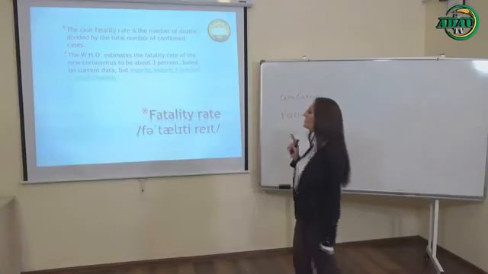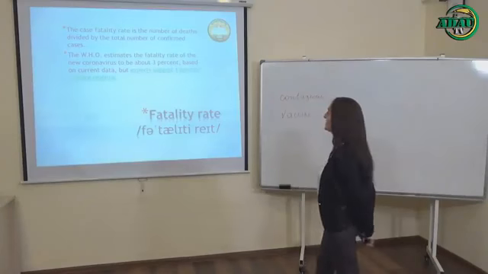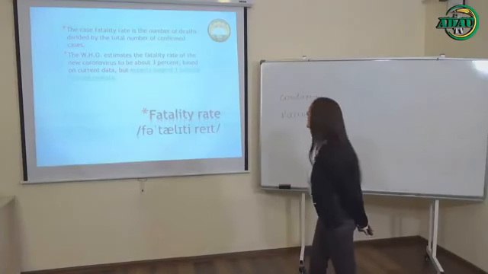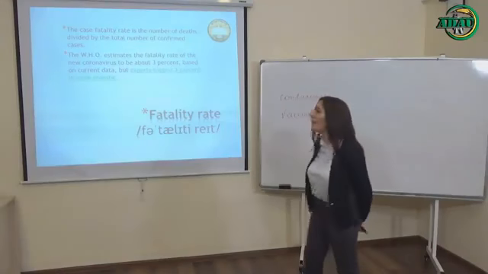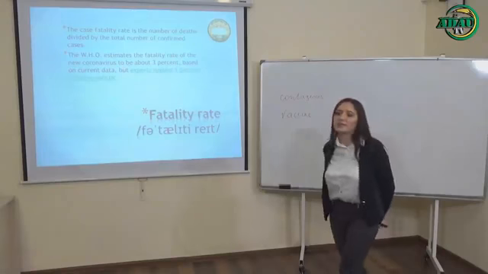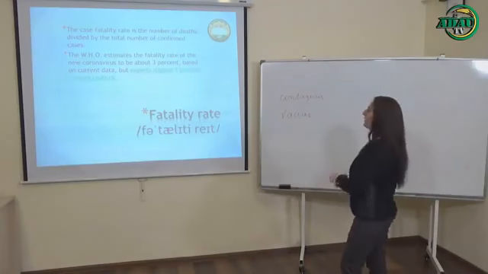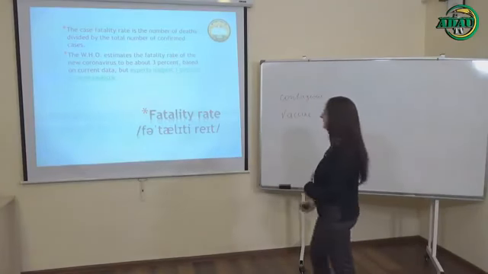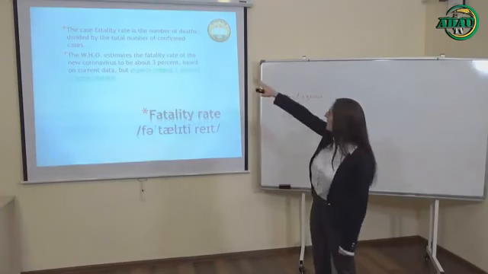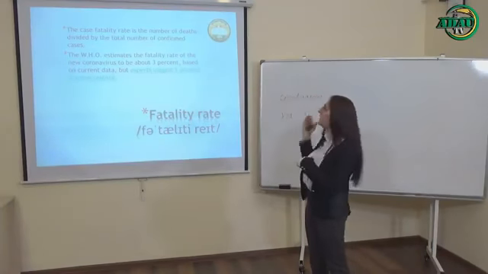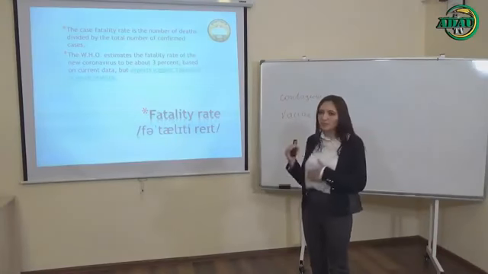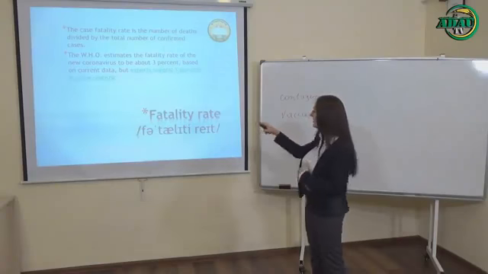The WHO estimates the fatality rate of the new coronavirus to be about 3% based on current data, but experts suggest 1% is more realistic. So a 1 to 3% fatality rate. Fatality rate is the number of deaths divided by the total number of confirmed cases, and according to the difference, you can see the fatality rate.